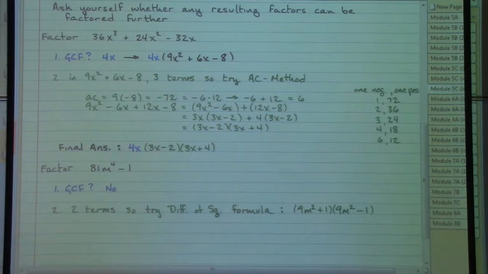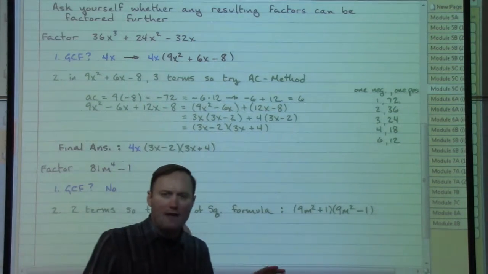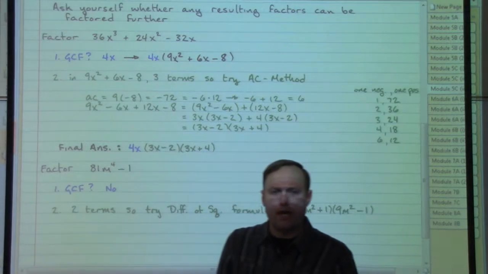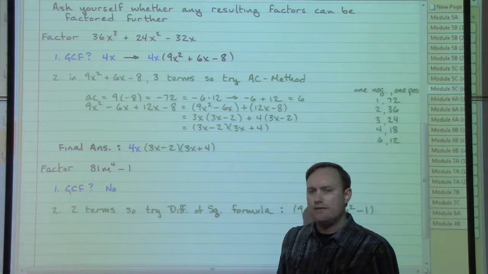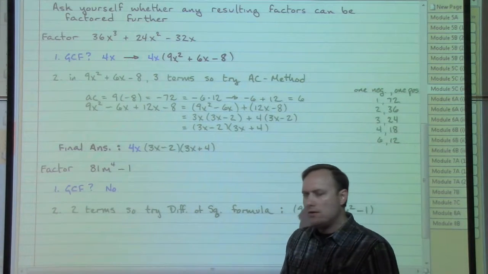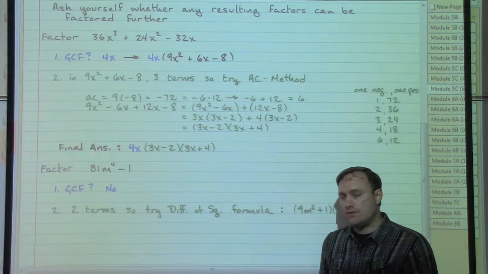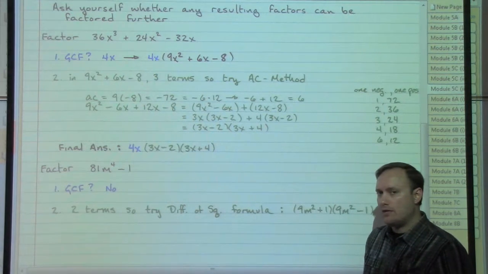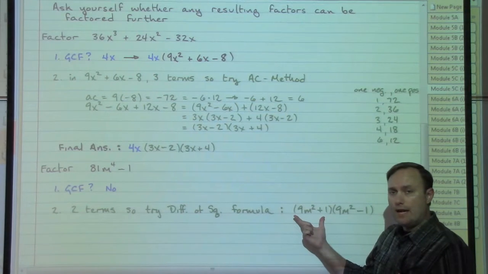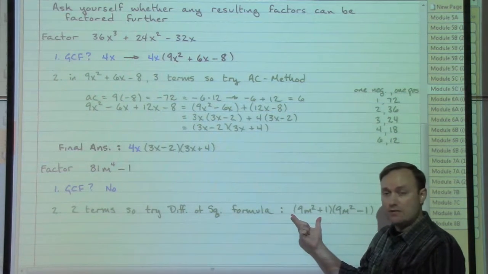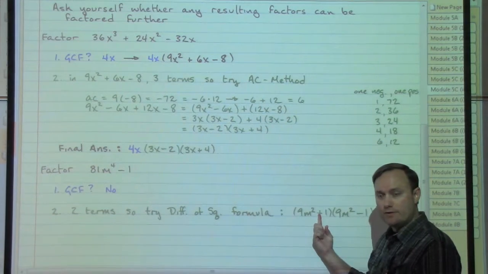Notice that we still have that reminder at the very top of the screen that just because we've done a little factoring doesn't mean we're done yet. We're not necessarily completely finished until we look at what we have and ask ourselves if there's any more factoring that can be done. That has two terms. Is it a difference of squares? Nope, not a difference.